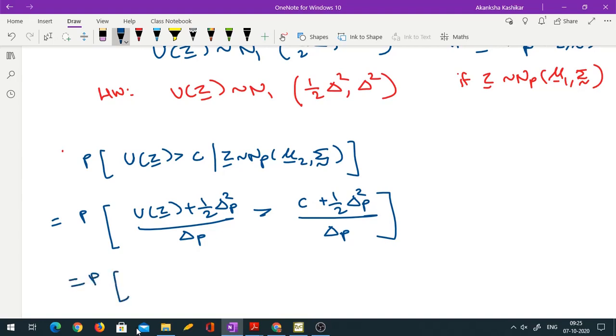So this is a standard normal random variate. Unfortunately I have already used the variable z.